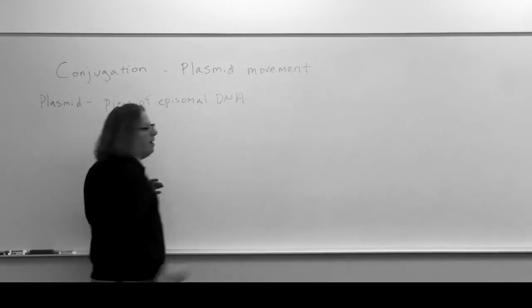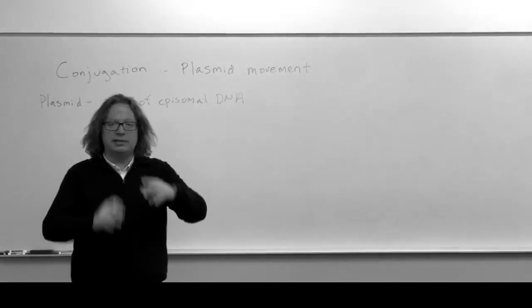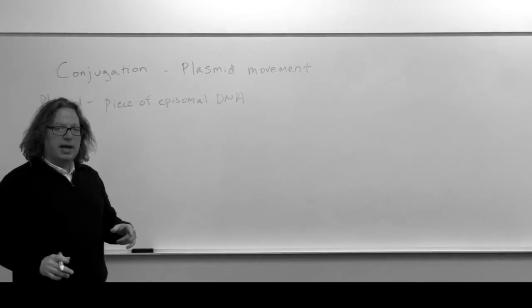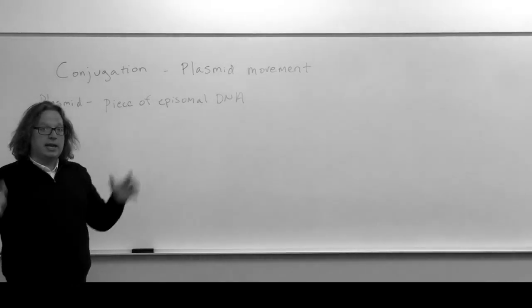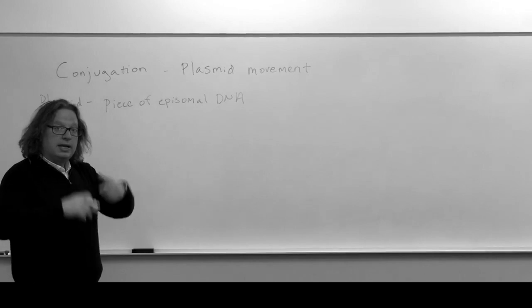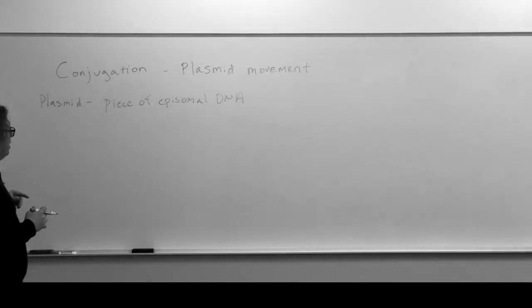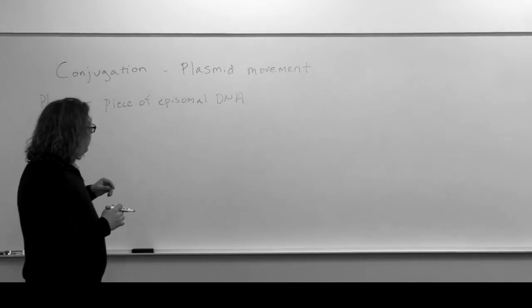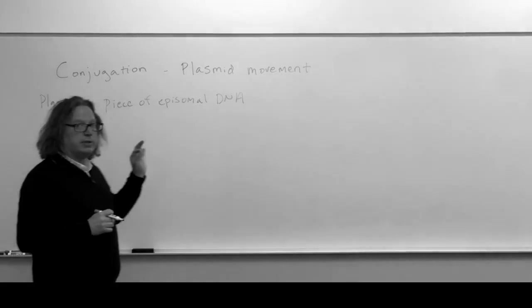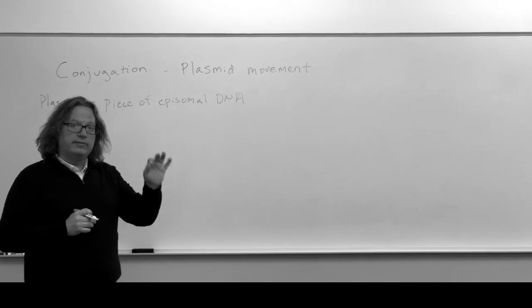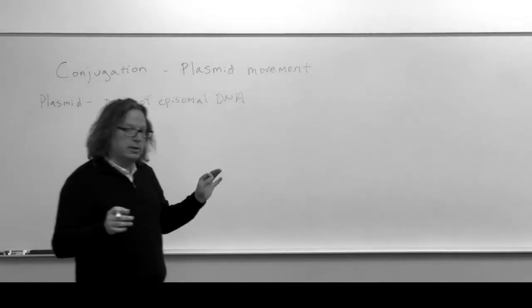And what do I mean by episomal DNA? Episomal DNA is DNA that's not in the bacterial genome. So it's maintained outside of the genome. It's self-maintaining. It has an origin of replication. We'll talk about it in a second. And this piece of episomal DNA can be transmitted from one cell to another.